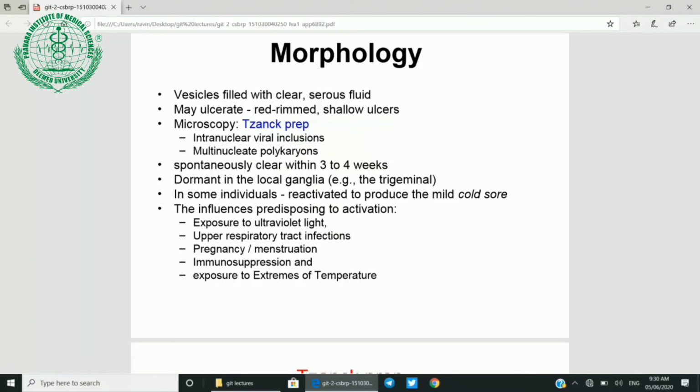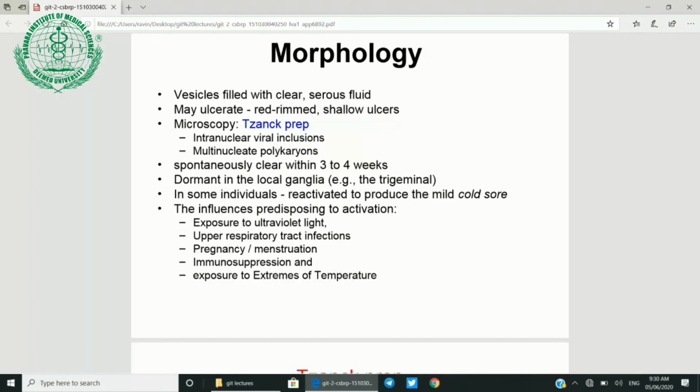The microscopic preparation of this herpetic ulcer is called a Tzanck preparation. Under this we get very beautiful intranuclear viral inclusions, and you may get multinucleate polykaryons. These herpetic infections clear on their own within 3 to 4 weeks, and many times they lie dormant in the local ganglia, that is the trigeminal ganglia.